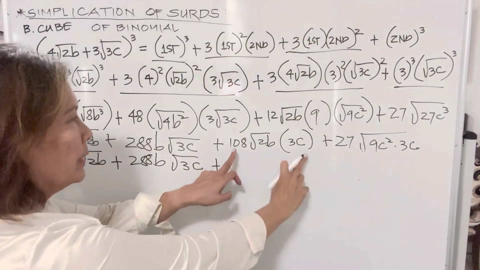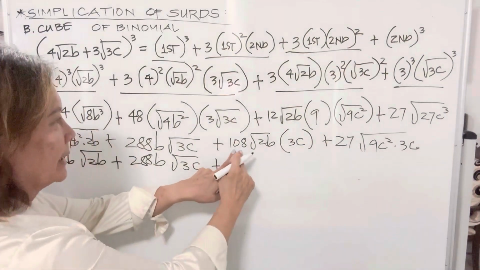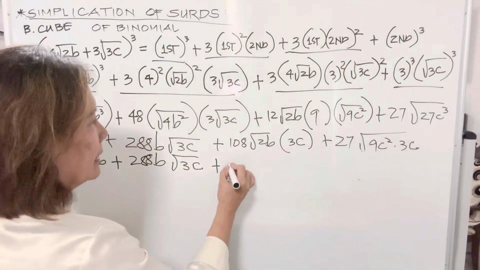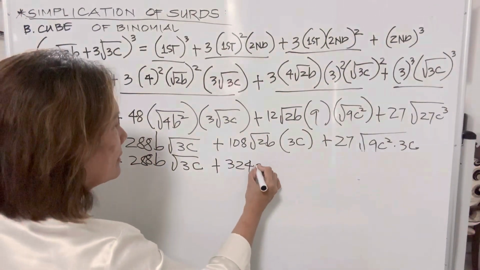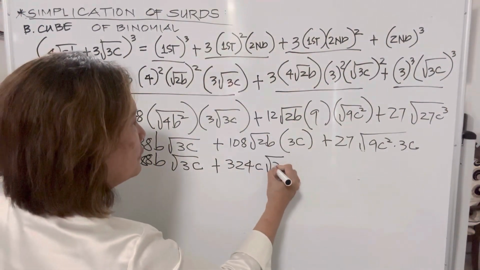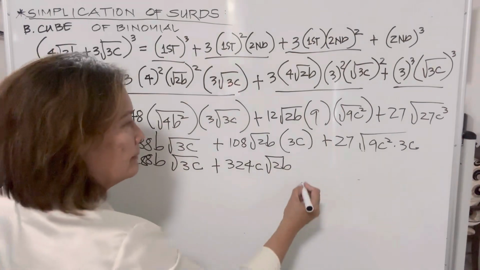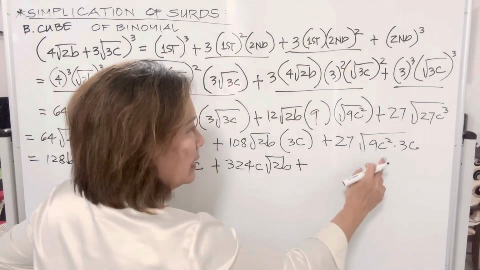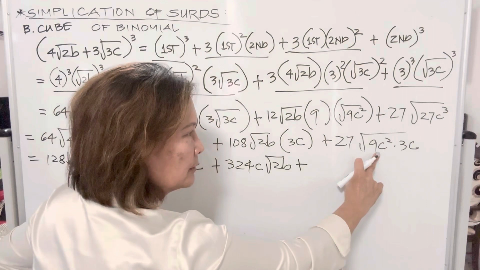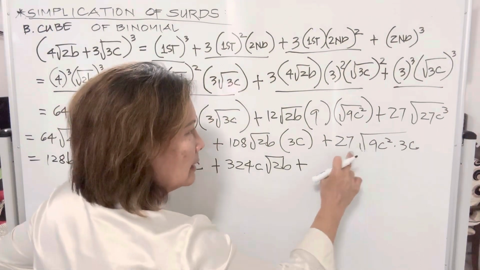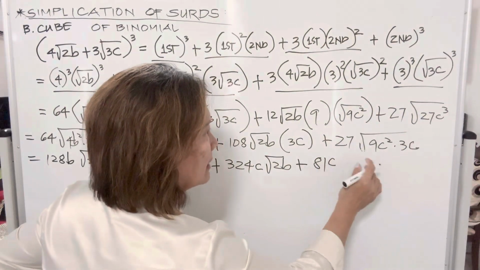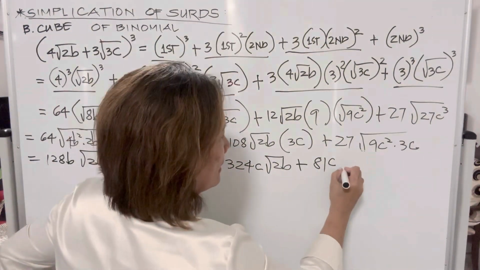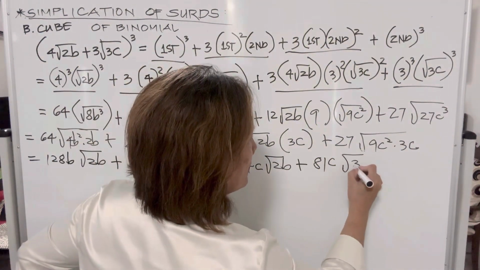Plus, we have 3c times 108, that is 324c square root of 2b. Plus, we have the square root of 9c squared is 3c times 27, that is 81c. And copy the square root of 3c.